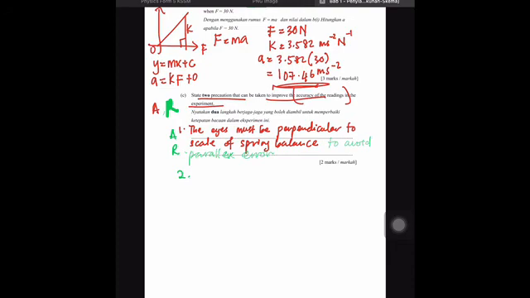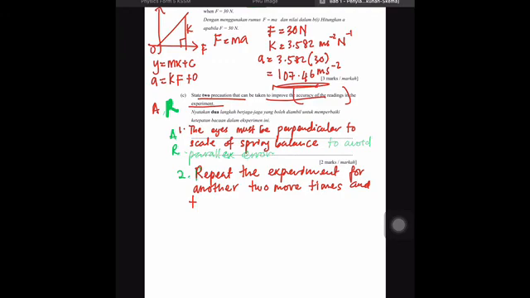You must repeat the experiment for another 2 more times and take the average reading.